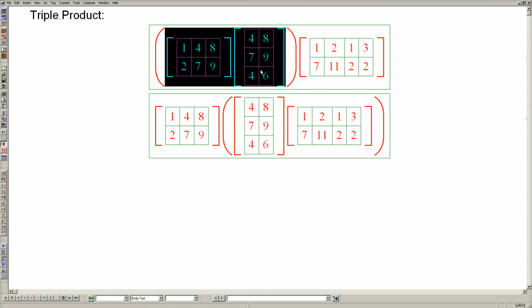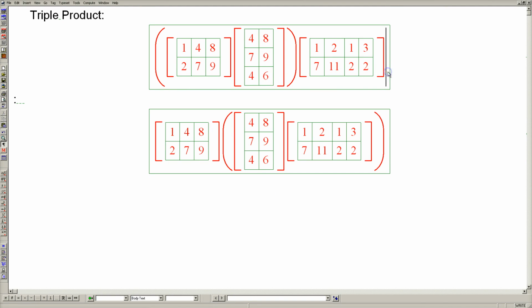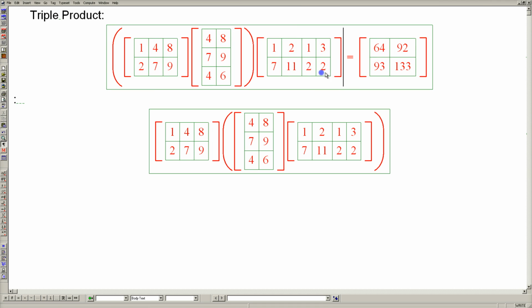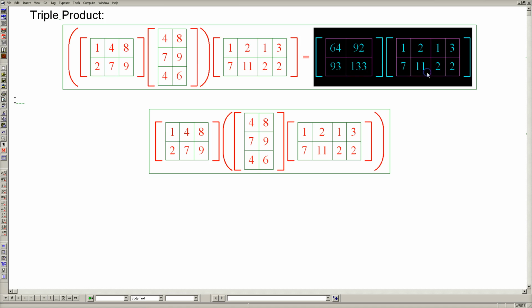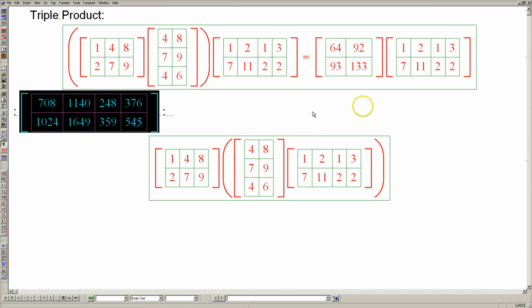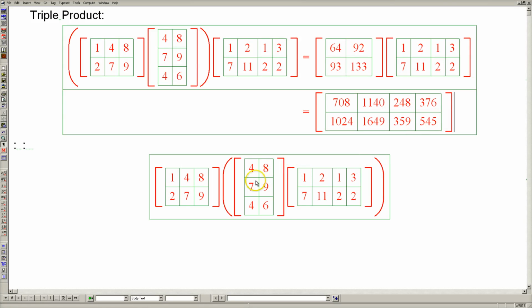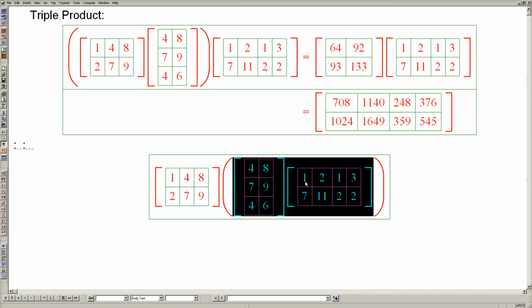Evaluating this matrix product will result in a 2 by 2 matrix, this one. And now what's left to do is to multiply this matrix by the remaining 2 by 4 matrix. And the result is this. Okay, so that's our final answer. And we'd like to see whether we would get the same answer by evaluating the triple product in the opposite order.